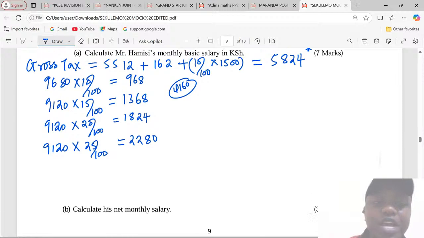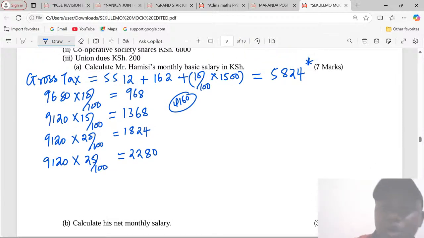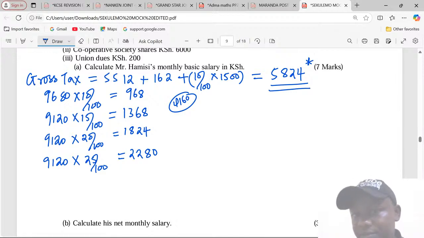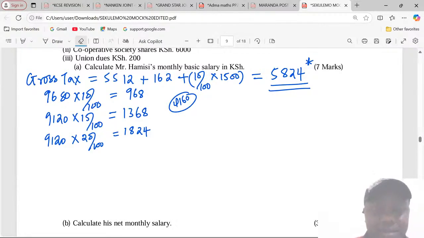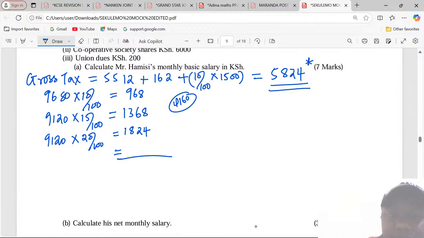This one is going beyond. Now, the total tax is going beyond 5,824. And this means that at the rate of 25%, we will not tax everything in that bracket. There is a missing amount which lies here, such that we should get a total tax of 5,824.